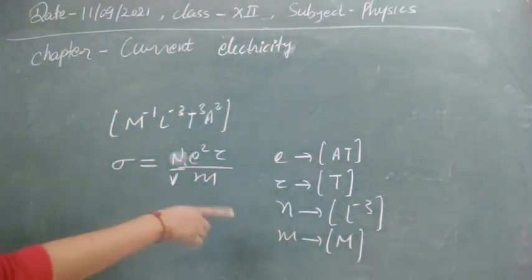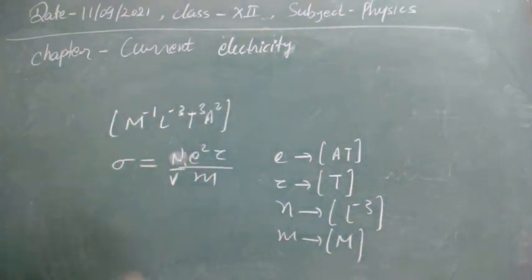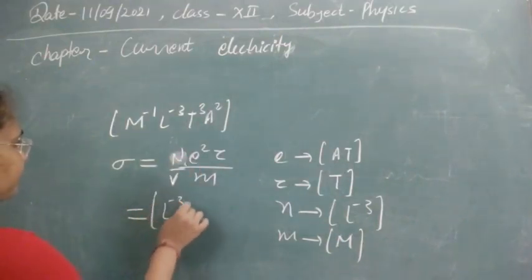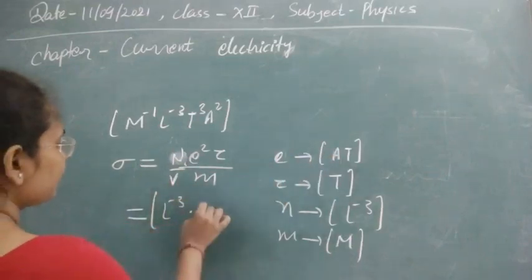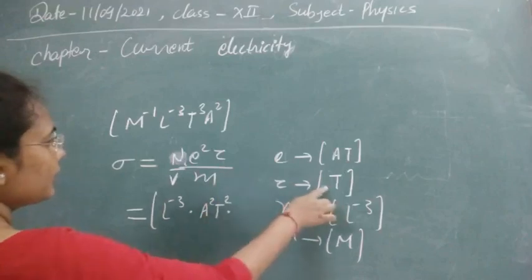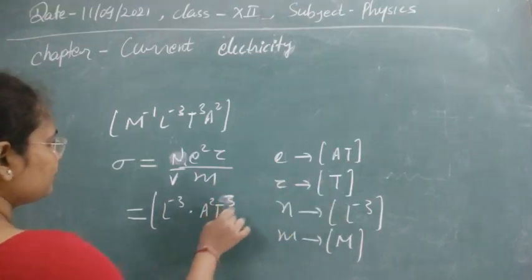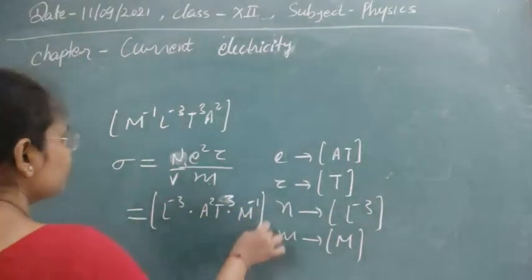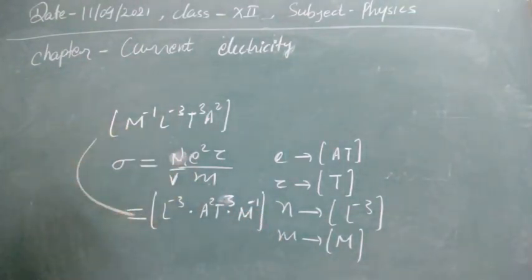Now let's put all these values in this equation. We obtain L minus 3, then e squared means A square T square, tau will have T, so it will be T cube, and m gives M minus 1. You can see this is the same expression that is given in our question.